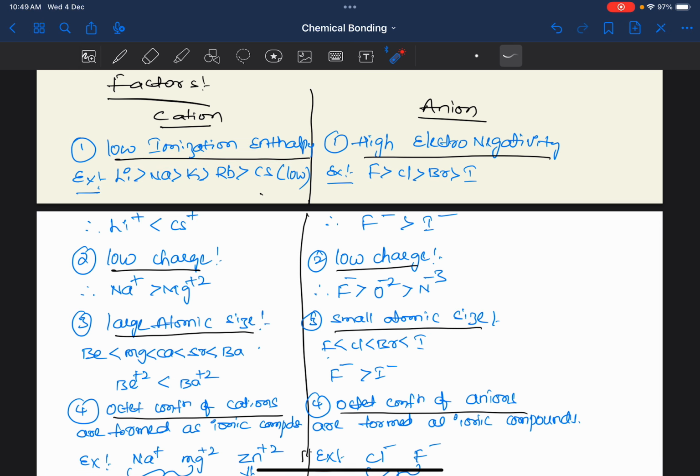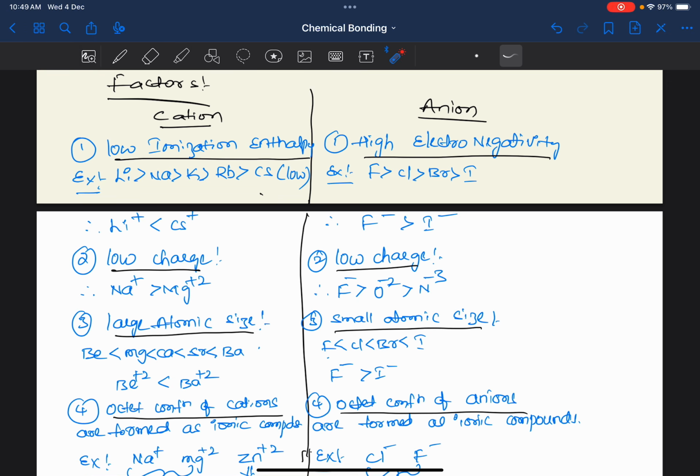Next, the second point is low charge. Suppose we take cations like sodium ion, magnesium ion, and aluminum ion. Sodium ion has a +1 charge, but magnesium ion has a +2 charge.